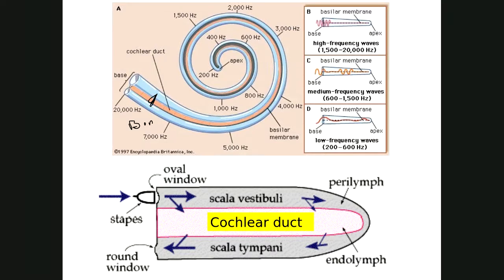It's kind of hard to see when it's all curled up like this. So let's unroll it. If we unrolled it, it would look like this. So remember right here is the helicotrema. That's the tip of that snail. So if we unroll it, the helicotrema is going to be right there.